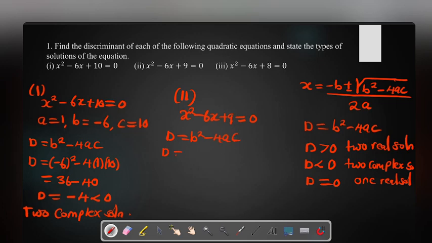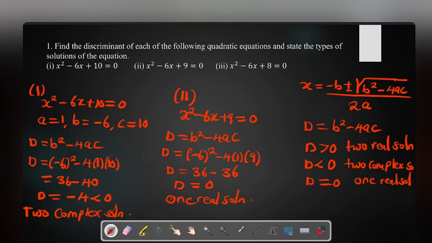Substituting, we get negative 6 squared minus 4 times 1 times 9. That is 36 minus 36, so the discriminant is equal to 0. Like I said, if the discriminant is equal to 0, we're going to have one real solution.